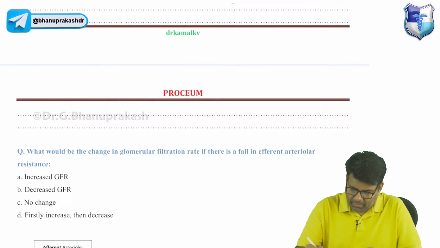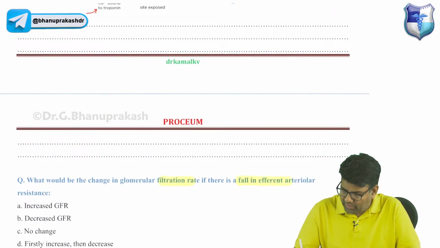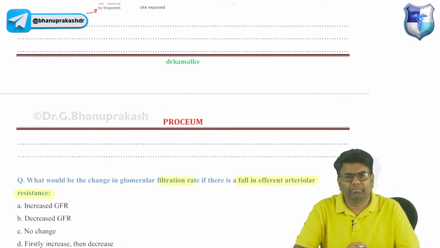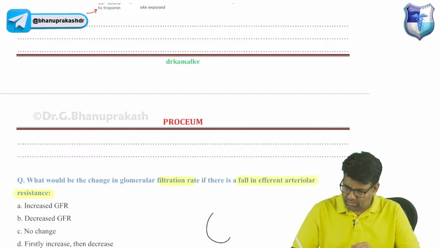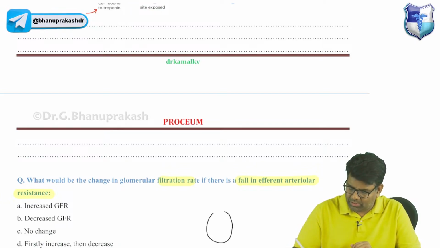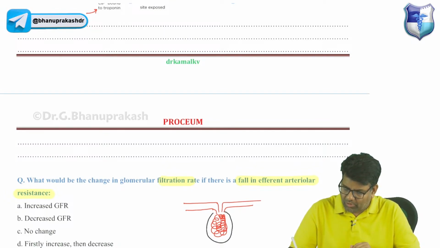Now next question. What will be the effect over GFR if there is a fall in efferent arteriolar resistance? Now let us draw a diagram for this. Suppose this is the glomerulus. Here is the efferent arteriole. Now the question is about fall in efferent arteriolar resistance.